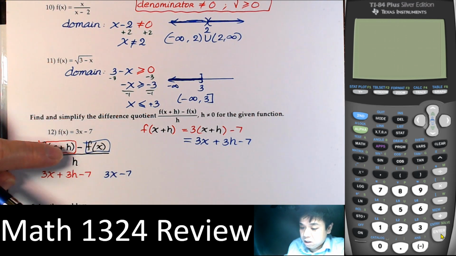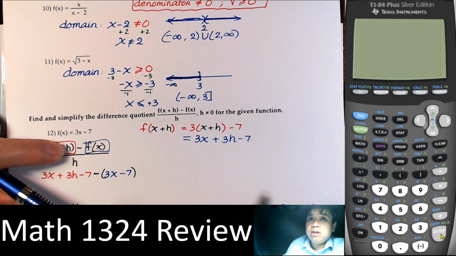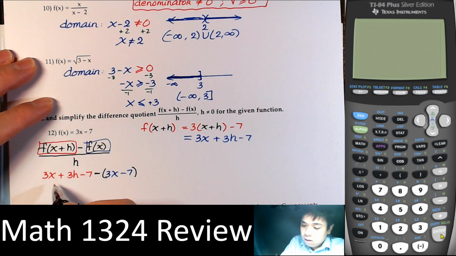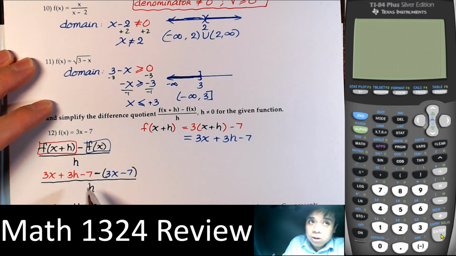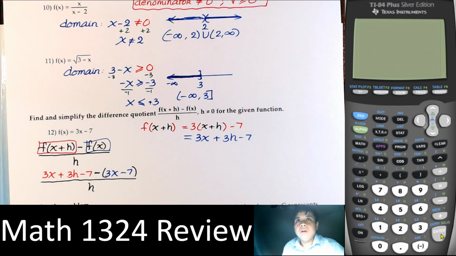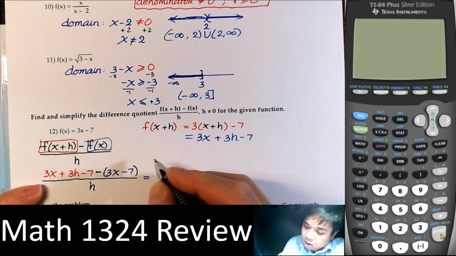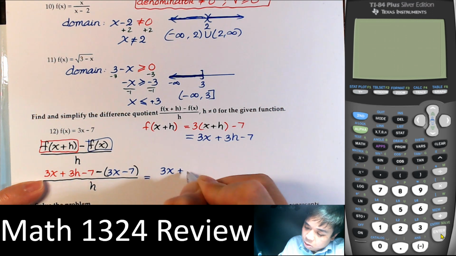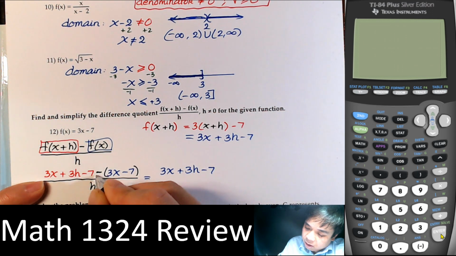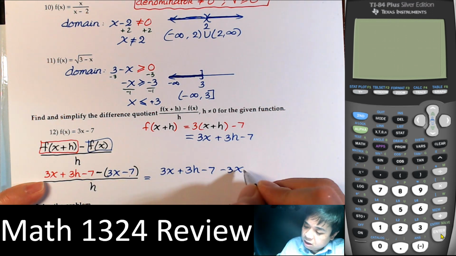But be careful that the minus here affects everything after that. So that gives us 3x plus 3h minus 7 minus 3x minus a negative. Be mindful with that. So that plus 7.